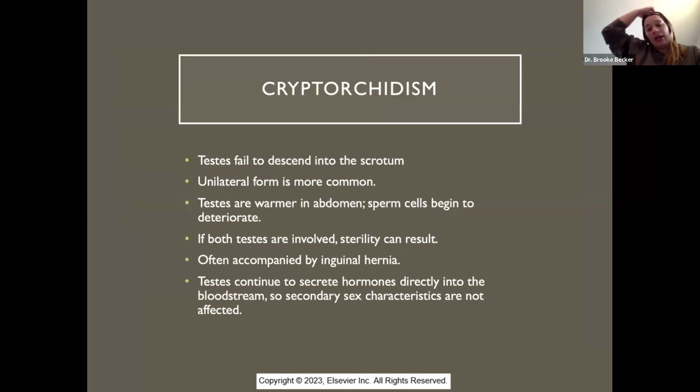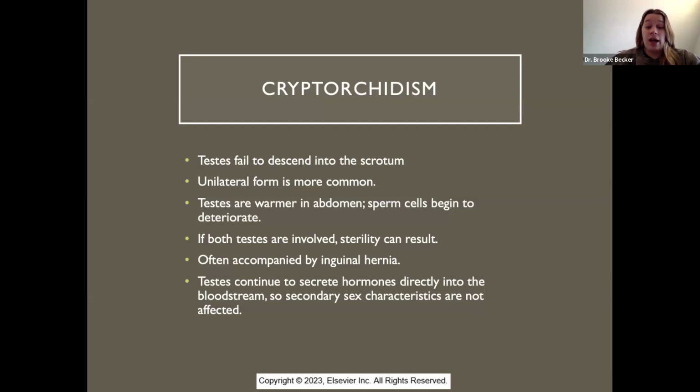Okay, cryptorchidism. So this is when the testes fails to descend into the scrotal sac where it belongs. Usually it's one side versus both sides, but potentially both sides can also not descend into the scrotal sac. So with the testes staying in the abdomen, you're likely going to see those spermatic cells really affected.